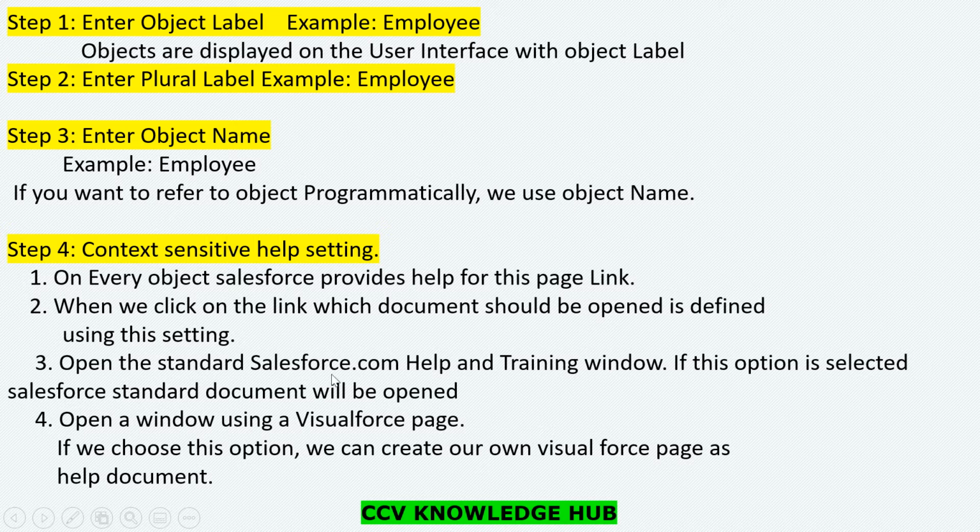Open the standard salesforce.com Help and Training window: if this option is selected, the Salesforce standard document will be opened. Open a window using a Visualforce page: if we choose this option, it will open another Visualforce page. So there are different ways to open the help document.